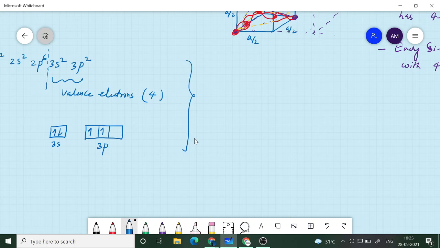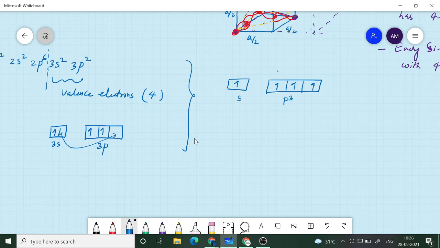First of all, this electron will go to the p orbital. So then it will first look like this: 1 in the s orbital and then 3 in the p orbitals, and then they will merge together.